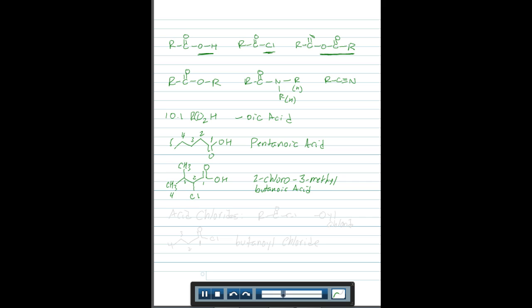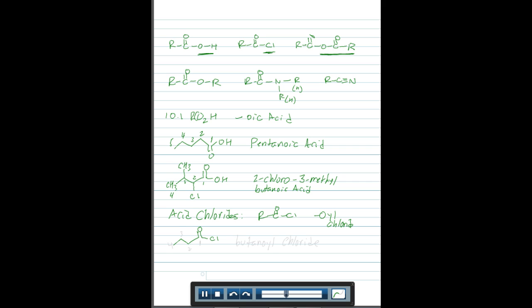Very straightforward. Next ones are acid chlorides. Acid chlorides are the only type of derivative that exists. You do not have an acid bromide. That does not exist, nor does an acid iodide. So just acid chlorides. These end in oyl chloride.